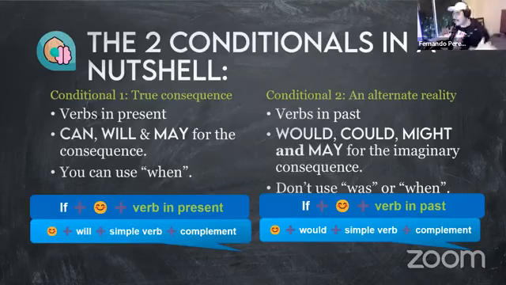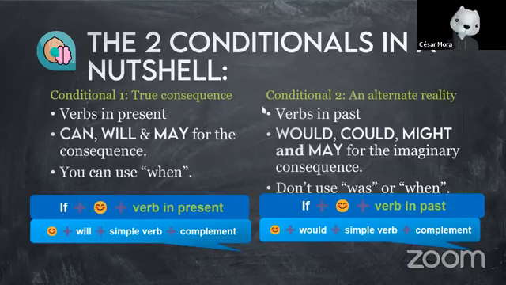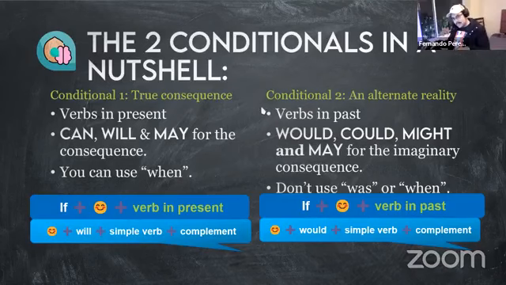Watch out. Okay, now the formula is fantastic, it's great, but now you need to check the difference between would, could, and might versus can, will, and may. If you go to the gym today, the consequence is true or is an imaginary consequence?